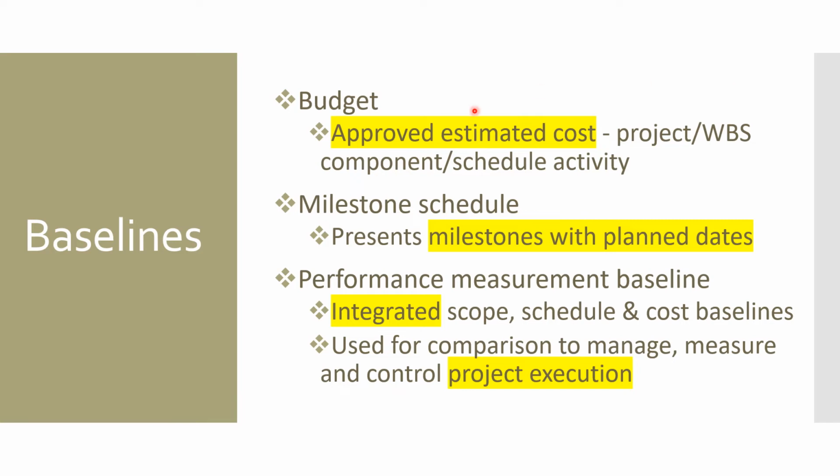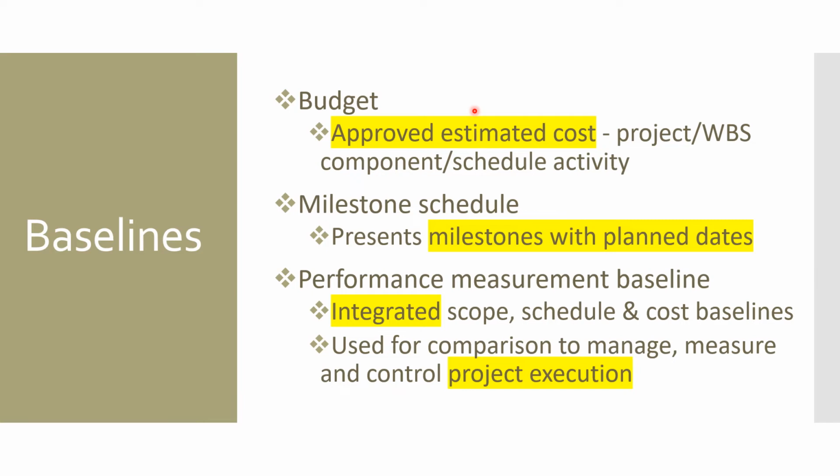The first one is a budget. Budget is nothing but our approved cost baseline for your projects and the WBS components or other related activities to it. What is the associated cost of executing this project? It might include material cost, resource cost, operation cost, etc.